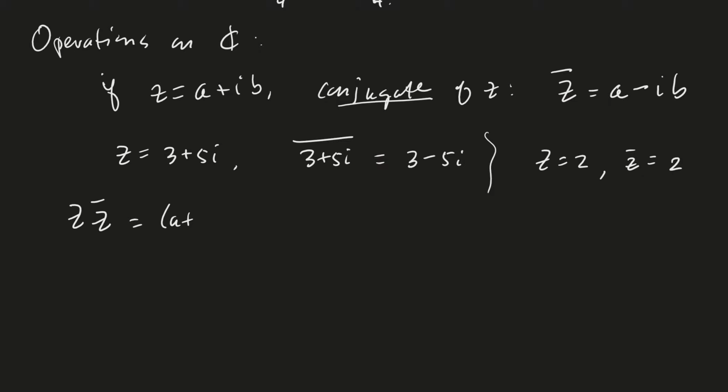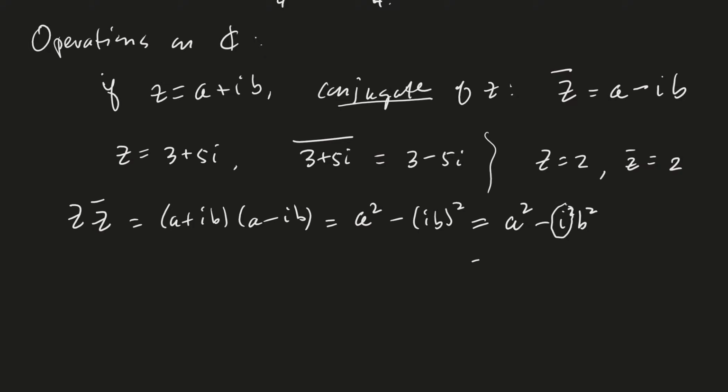That would be a plus ib times a minus ib. And from algebra, we know that that's going to be a squared minus ib squared, because the middle terms will fall out. And so if you compute that, that's going to be a squared. The i squared, well, I'll go ahead and write it as i squared b squared. Replace i squared with negative 1, and we get a squared plus b squared.